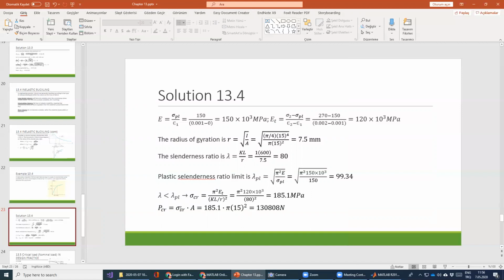After that, P critical is equal to sigma critical times A. So we obtain P critical is 130,808 Newton, also 130 kilonewton, as I can say. The correct result. Okay.